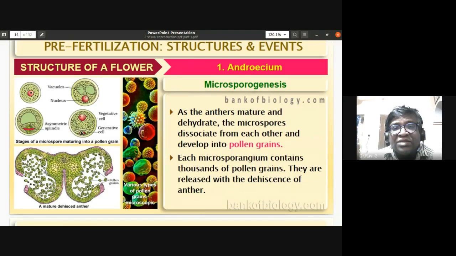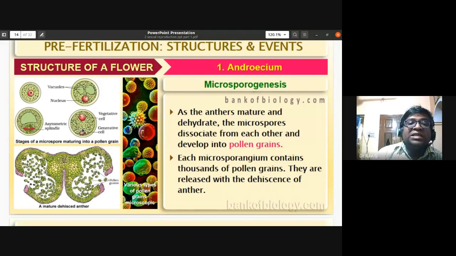See, in the case of most of these microspores, they undergo unequal cell division and form a large vegetative cell and a small generative cell. If the pollen grain is liberated at this stage, we call it a two-celled pollen grain. But in some of the plants, the generative cell undergoes one more cell division. That results in the formation of two sperm cells.